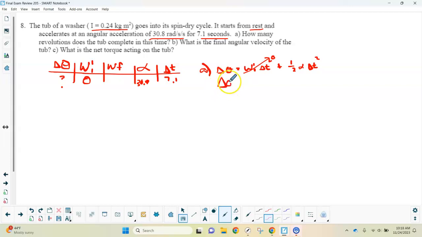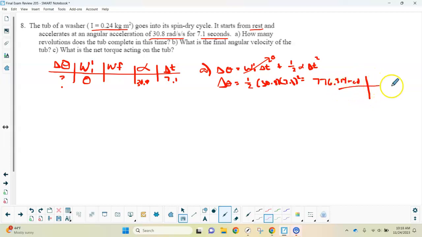We're looking for delta theta, so that's the thing I'm going to use. 1/2 alpha is 30.8, so it's just plugging in the numbers. And then 7.1 is the time, and make sure you square it. When I put that in my calculator, I got something like 776.314 rads. We don't want rads, we want revolutions, so we're going to have to convert a little bit.